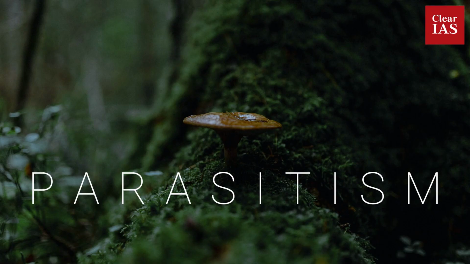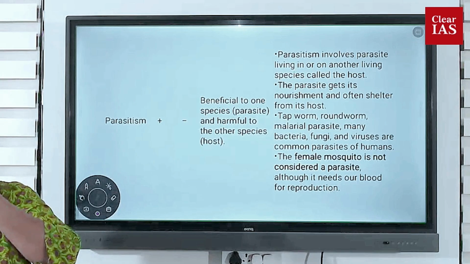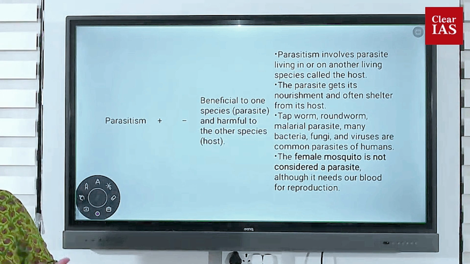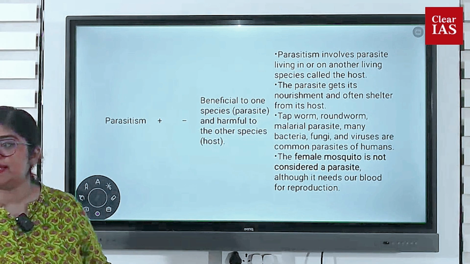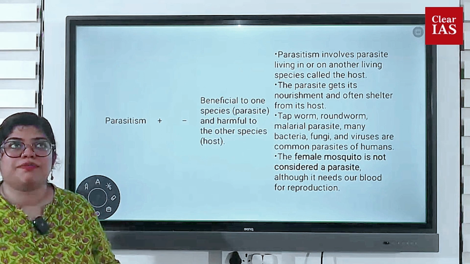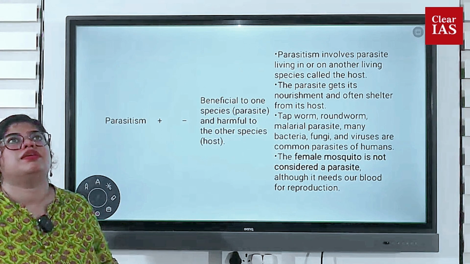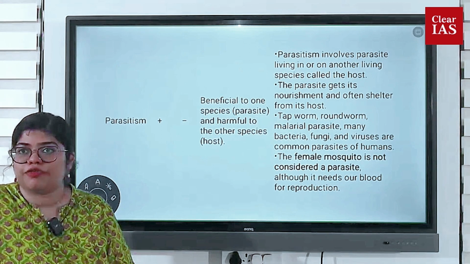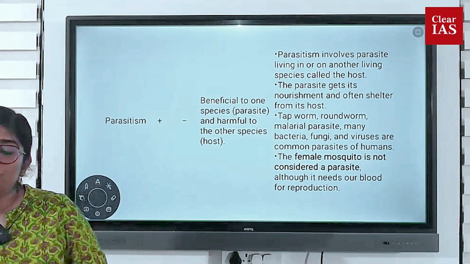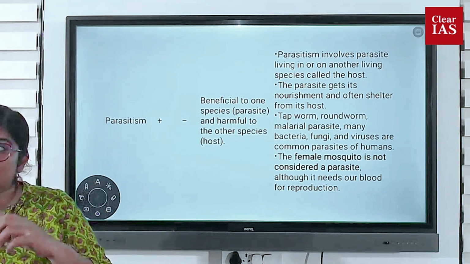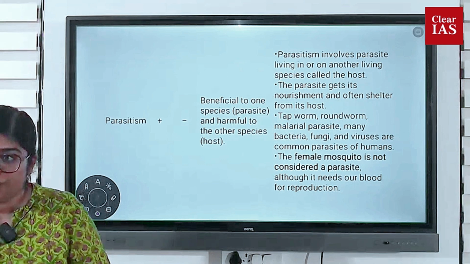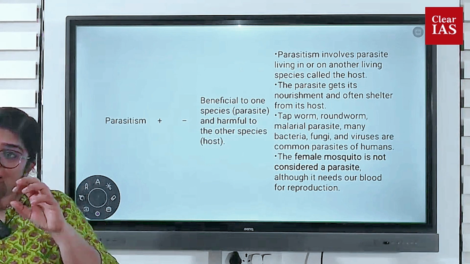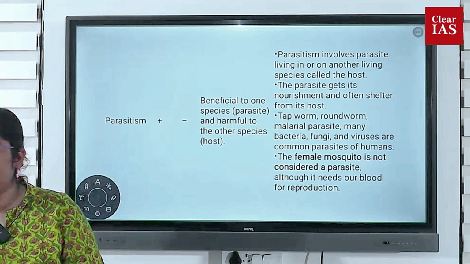Next is parasitism. Parasitism means what? There is a parasite and this parasite is harmful to the host. For example, there is a roundworm in the body of a cow. The roundworm is literally causing all the problems to the cow. But the parasite, that is the roundworm, is getting benefited.